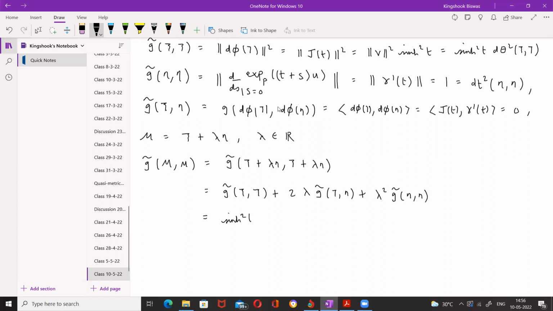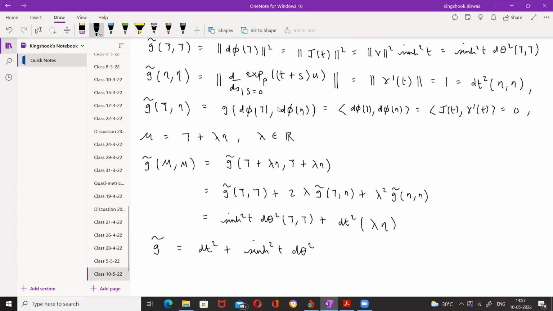So this is just sinh squared t dθ squared of ξ, plus dt squared of λη. In other words, what this leads to is the following polar coordinate expression for the metric g tilde: I can write it as dt squared plus sinh squared t dθ squared.